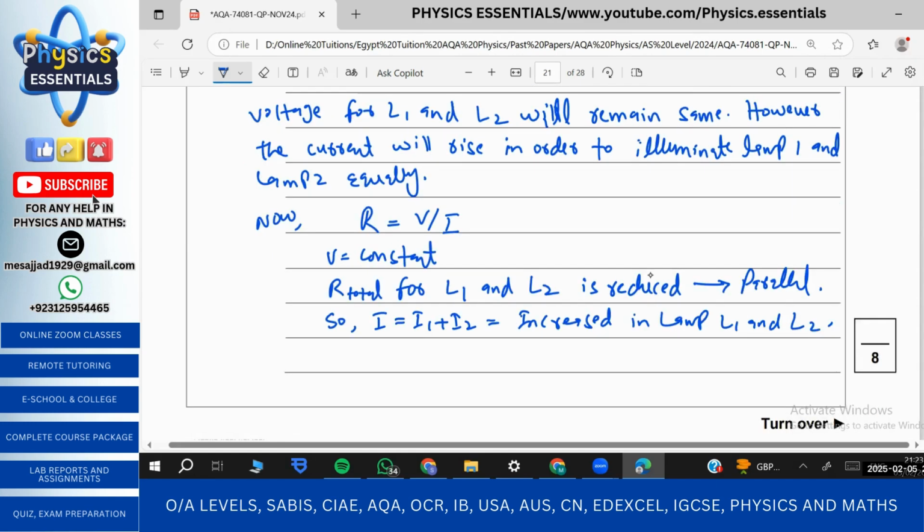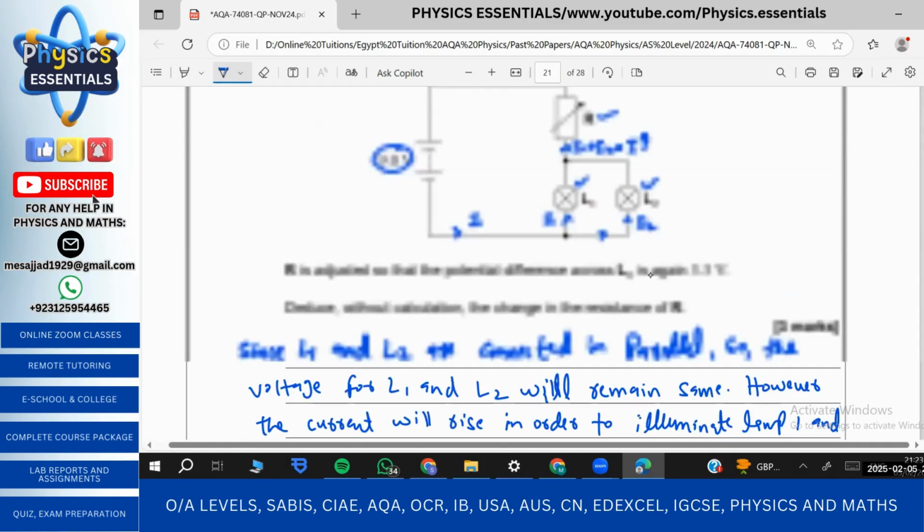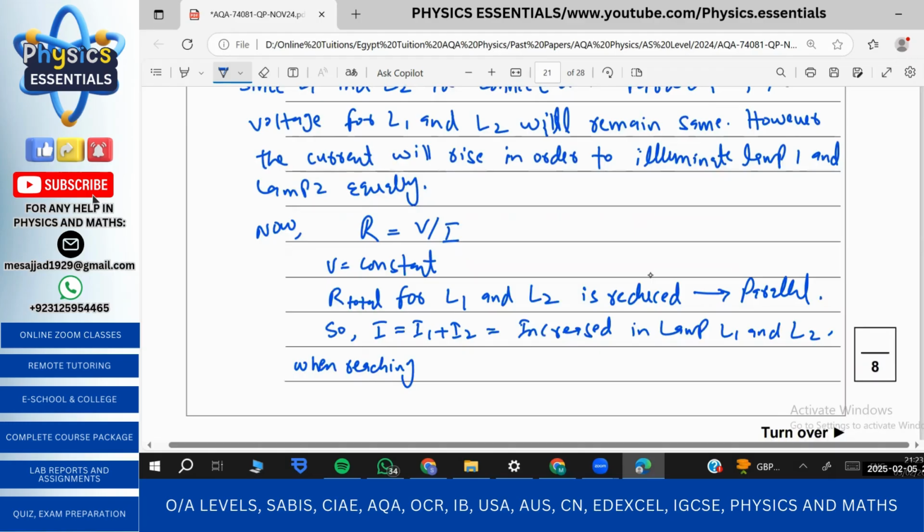And when they combine, when reaching variable resistor R, I equals I1 plus I2 will be enhanced.